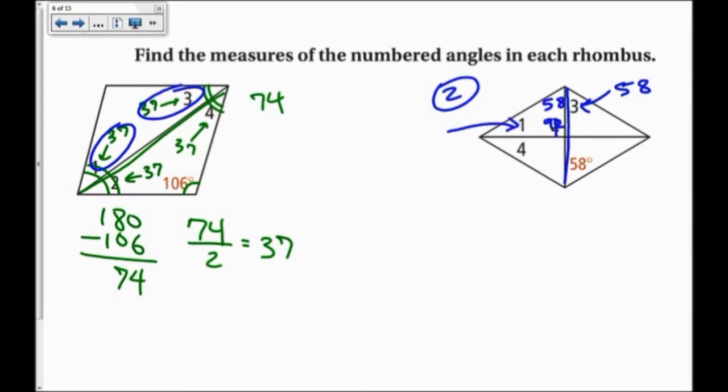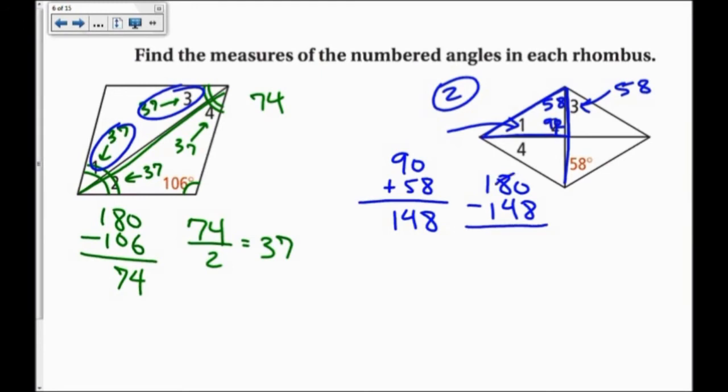So angle 1 will be the angle it needs to be so that these 3 angles will make 180 because it forms a triangle. So 90 plus 58 is 148. To find angle 1, I take 180 minus 148, and I get 32. And angle 4 is also 32 because that angle has been bisected.